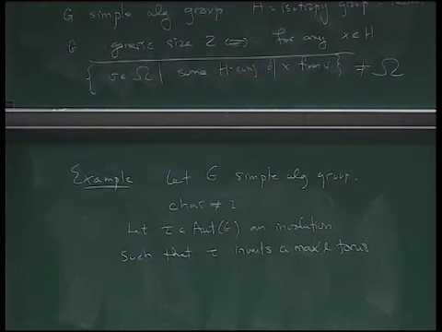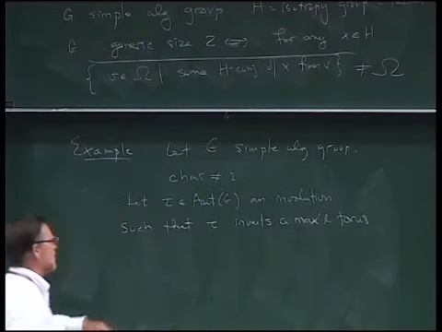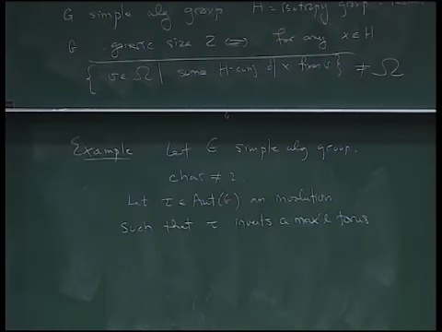If tau's inner, then this determines it completely. If tau's outer, you have to choose one. Or there can be two different classes, but actually no, there still can't be. I think this determines it uniquely.